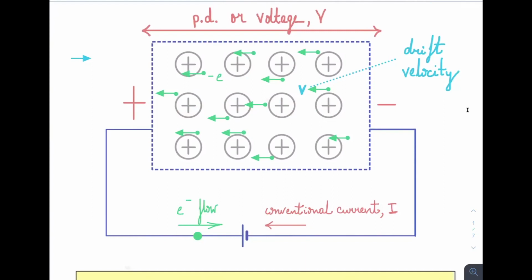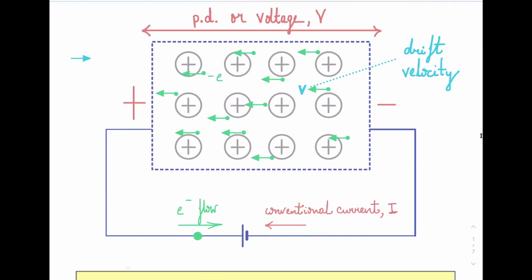When it was eventually discovered that it was all about the free electrons that drifted in the opposite direction, some countries, including England and Malta, maintained the old convention, and we call this the conventional current I, and we are going to stick to this convention. That is, current I is always taken to flow from plus to minus, even though we know that the electrons actually flow the other way around. Okay, don't let that confuse you.